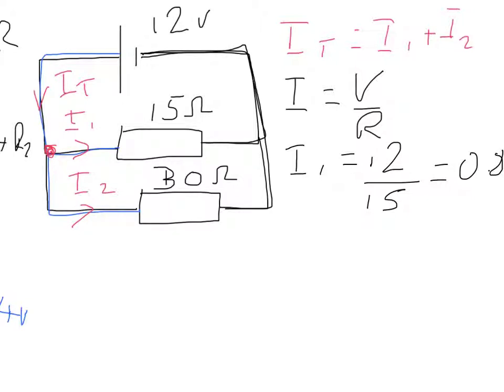And then by the same method, we can say that I2 is equal to, again, 12 volts, because we have the same voltage, divided by 30, which is equal to 0.4. So we now know I1 and I2. The combined values of each are equal to IT, so we can say that our total current for this circuit is going to be 1.2 amps.